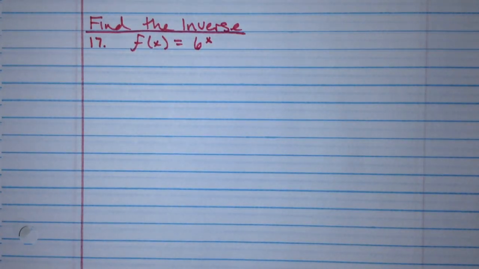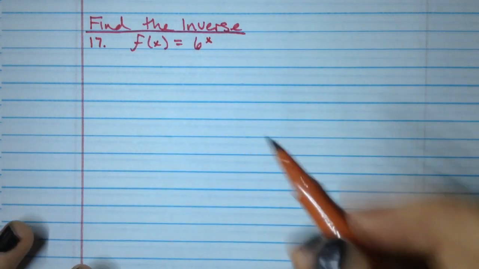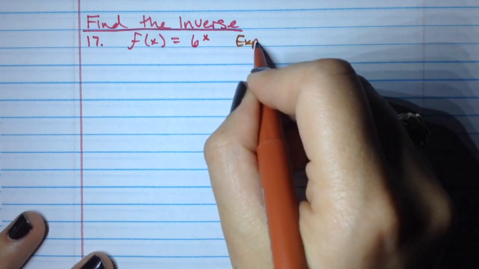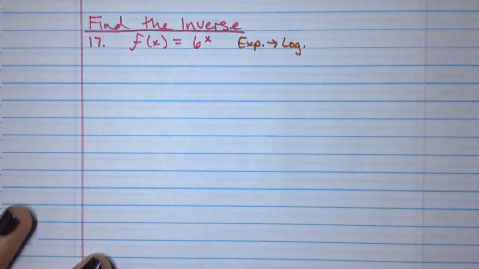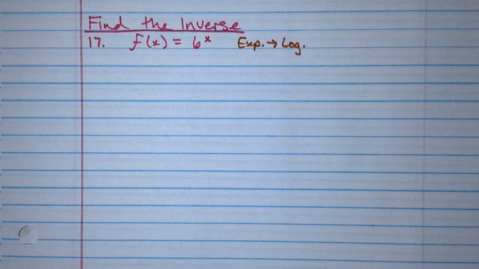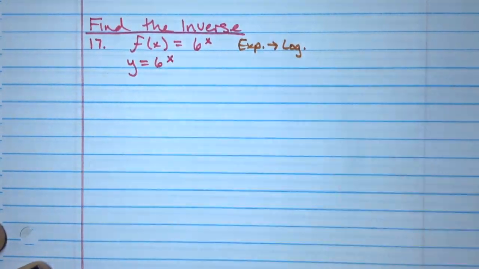First thing we need to do is decide if it's in logarithmic or exponential form. Because you don't see the word log written anywhere, this is an exponential form. So that means we are going towards logarithmic form. Exponential, if you have exponential, it'll then take you to logarithmic. Those are the inverses.